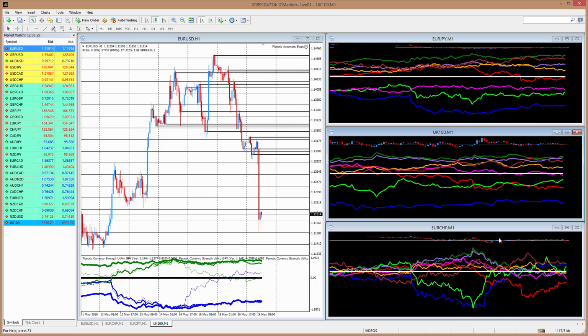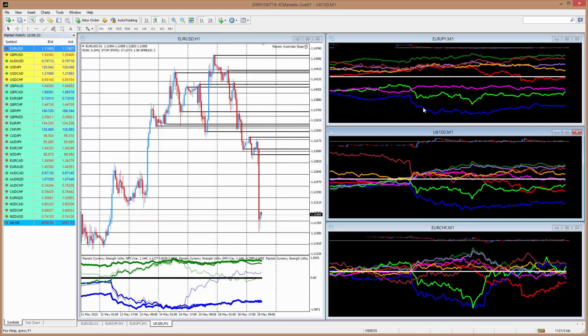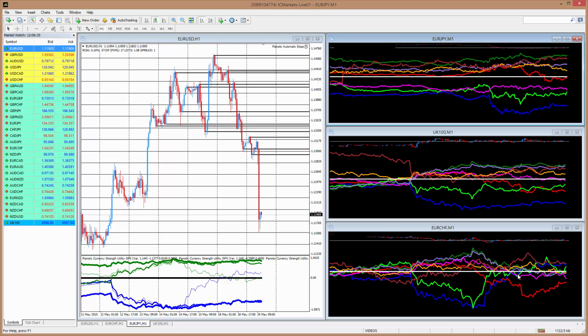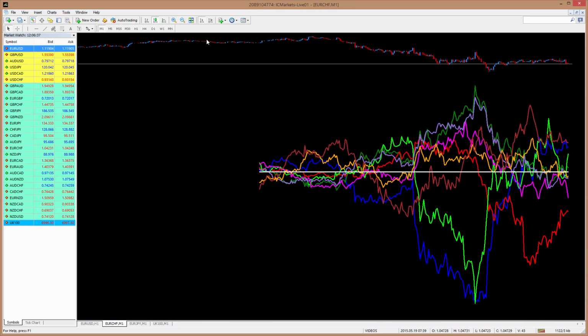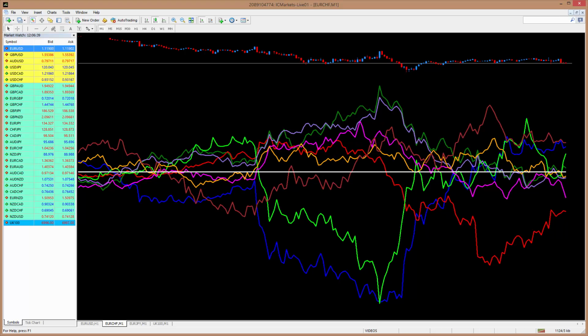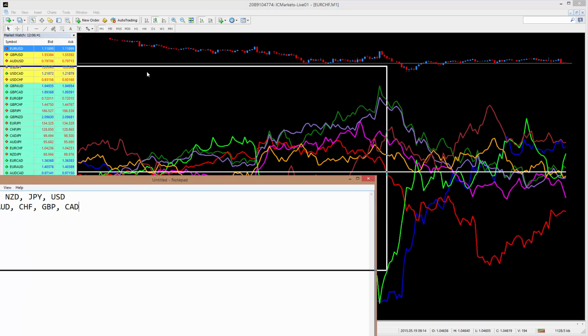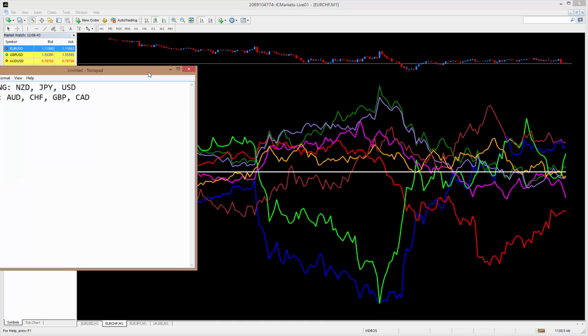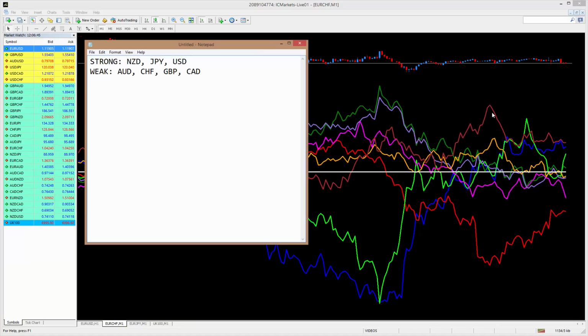The shorter term information here, we don't really want to consider too much. We can just use this for verification purposes, but I think that things are looking quite okay. So we'll have a quick look just for good measure. You can see that we have the New Zealand dollar, which is strong. Yes, it is, a little bit. And we have the yen, the purple line, which is moving sideways.